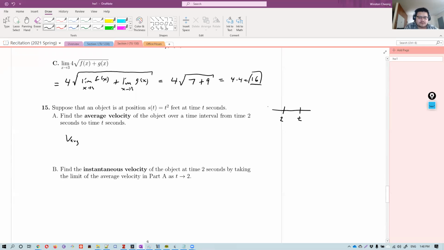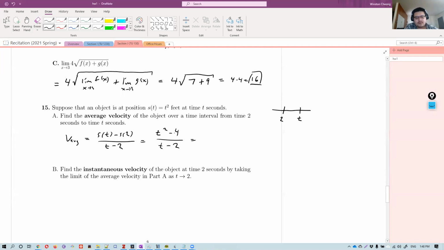This is kind of a number line. The expression that will compute for us the average velocity is s of t minus s of 2 over t minus 2. And now we just simply plug things in. So s of t is going to be t squared. S of 2 is going to be 4, over t minus 2.